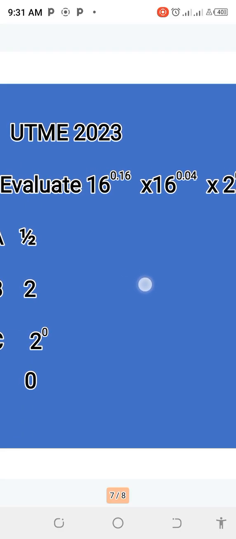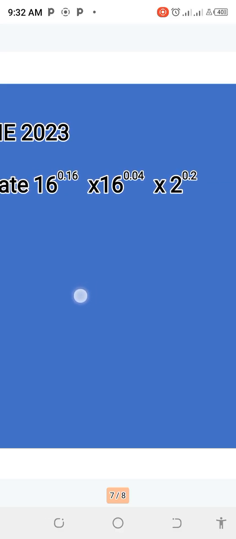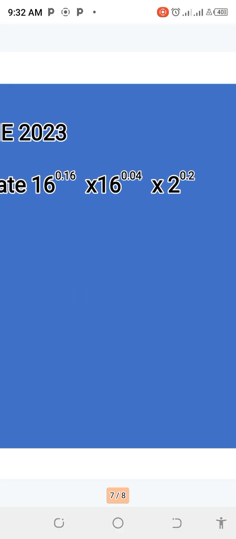So we raise everything to base 2, and since it is multiplication, after raising them to base 2 and multiplying the powers, what we need to do next is to add all of them, because they are going to be in the same base by the time we raise everything. We turn the whole base to base 2. So let's go.